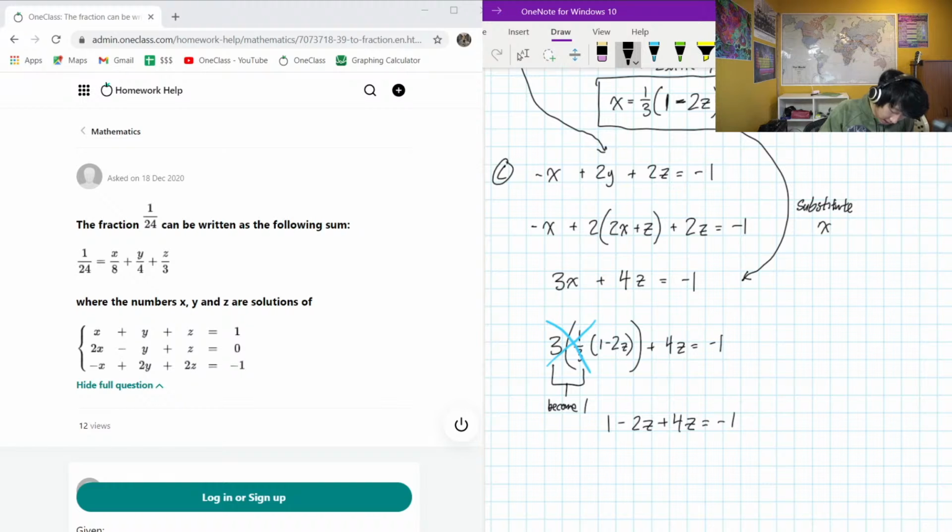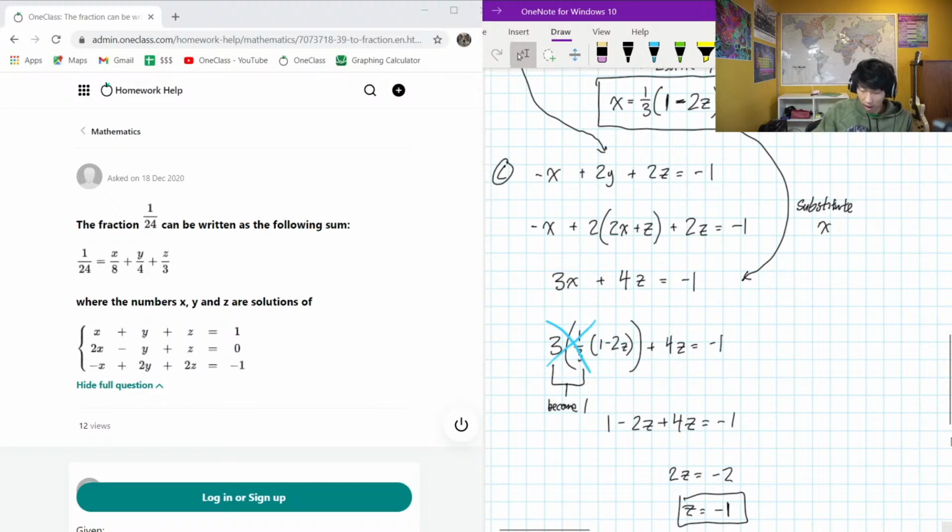And combining all of our like terms, we have 2z, because that's the 4z minus 2z, and then bring the 1 to the other side, it becomes negative, so we have negative 2. So z has to be negative 1. Okay, so we found one of the numbers.